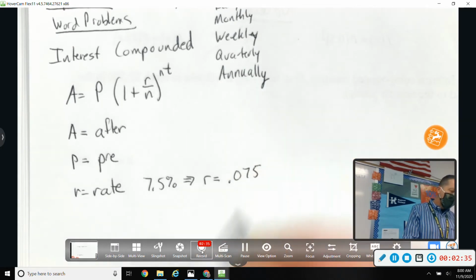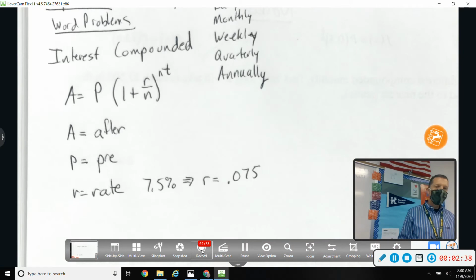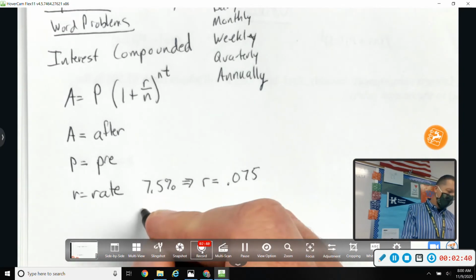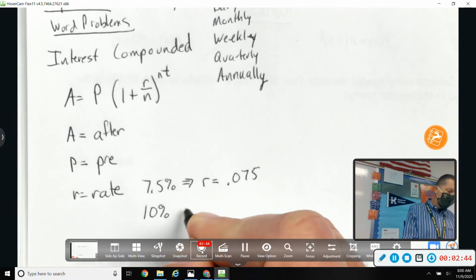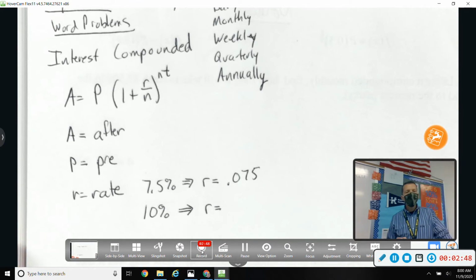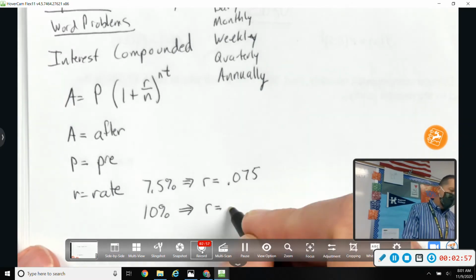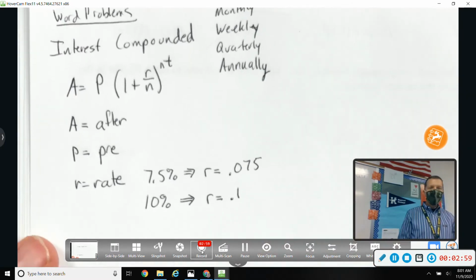So 0.075. If you could somehow get a 10% return on your money somewhere, that'd be great. What would R be if it's 10%? 0.1. So be careful with R's.